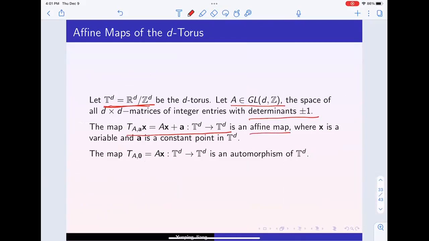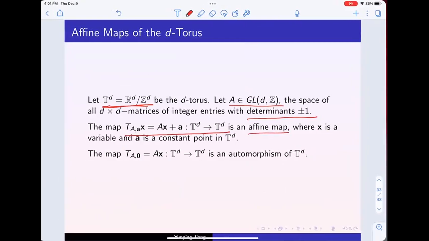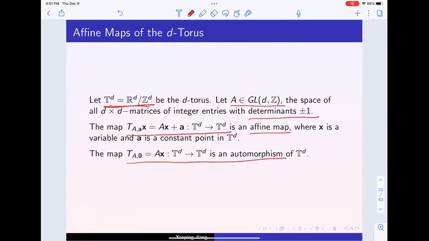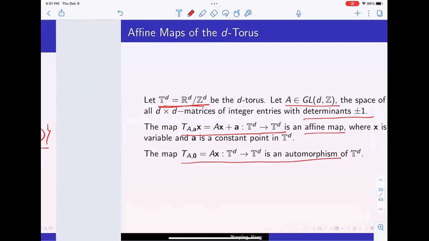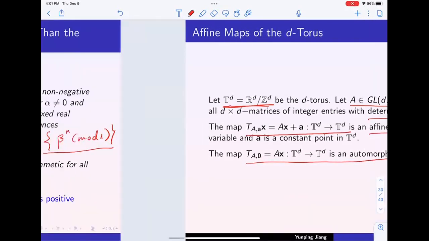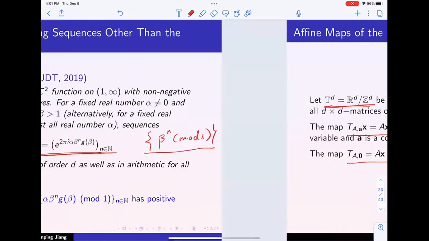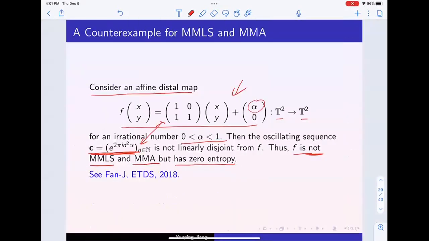If alpha equals 0, that's an automorphism, which is usually continuous. But if alpha is not equal to 0, this one is not equicontinuous, but it still has entropy 0. If alpha equals 0, it is equicontinuous.